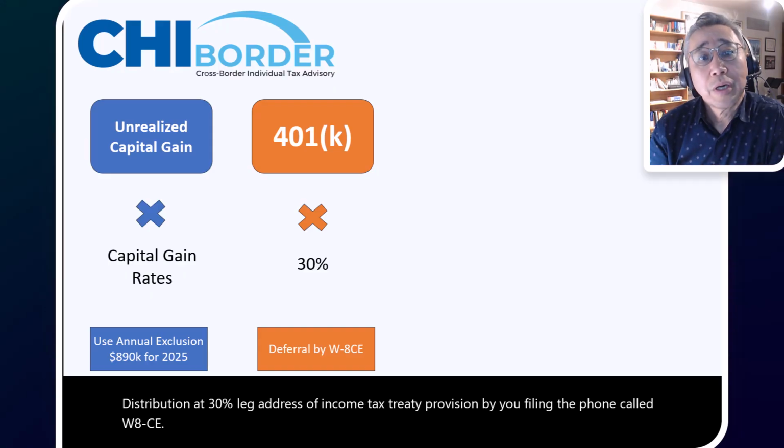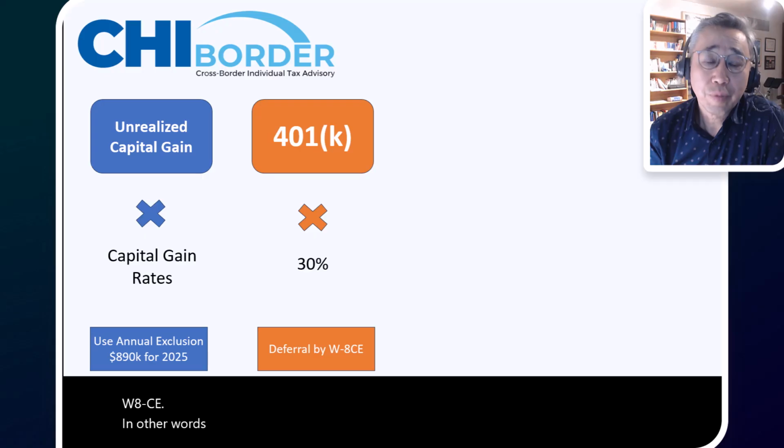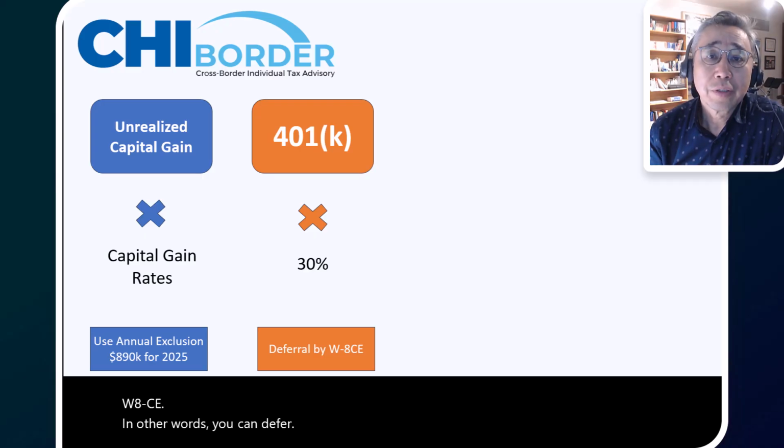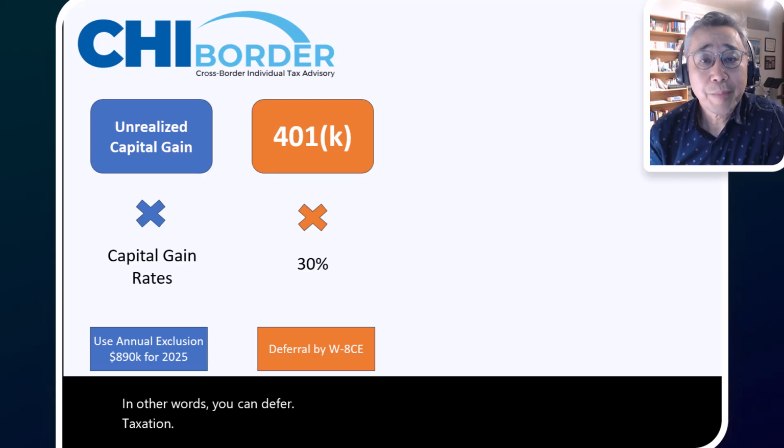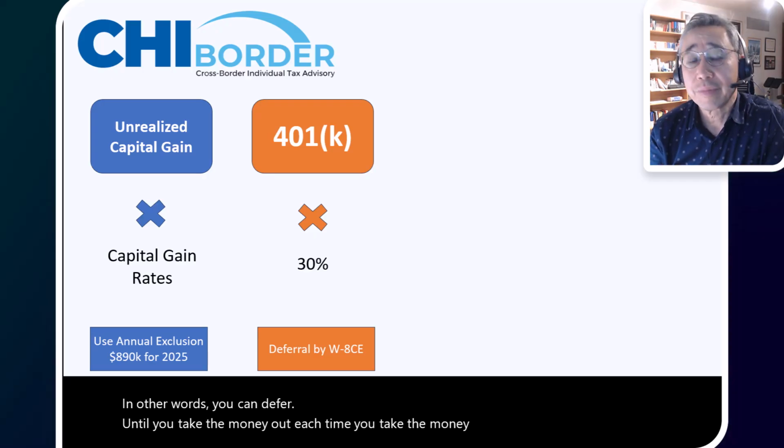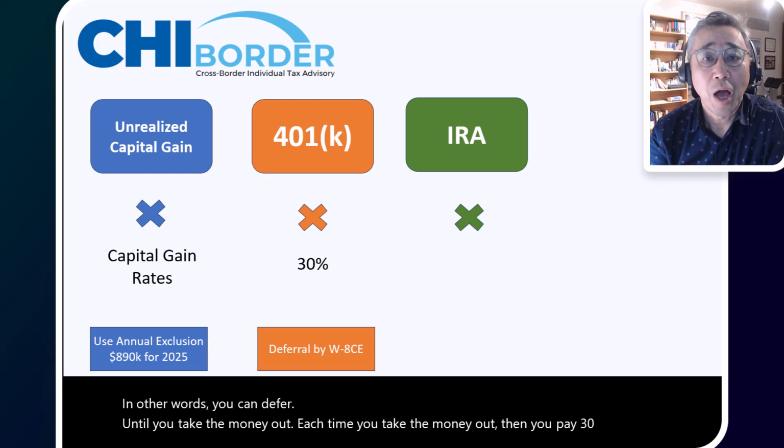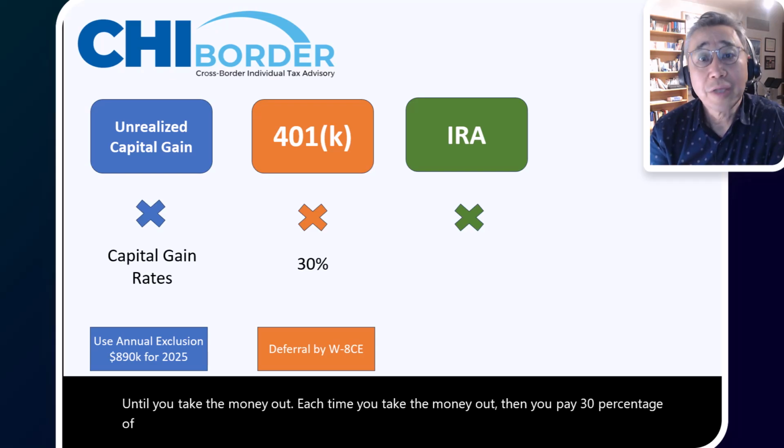In other words, you can defer taxation until you take the money out. Each time you take the money out, you pay 30% tax. So that's a good thing.